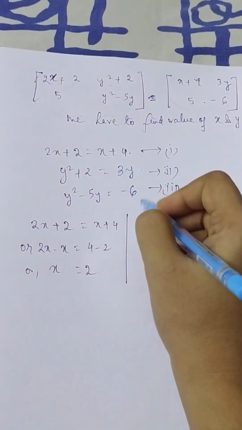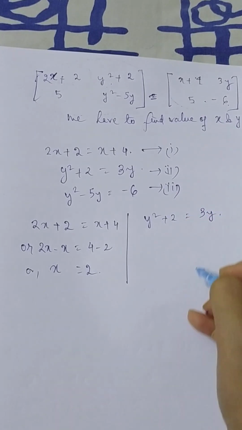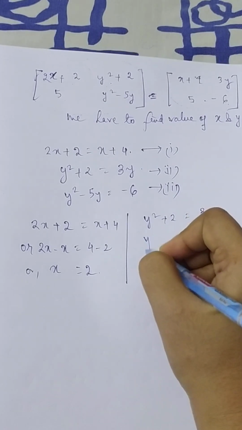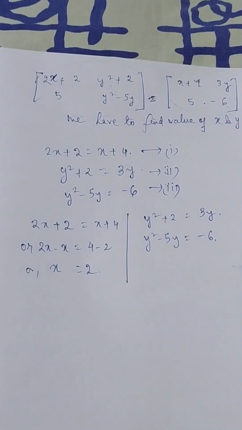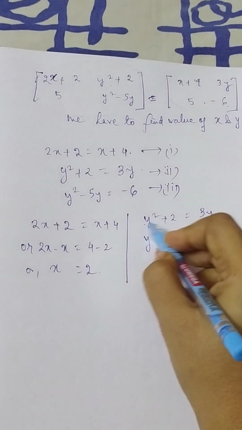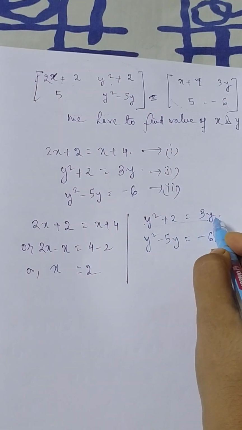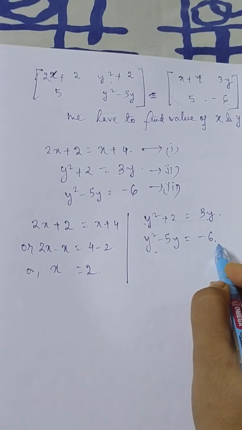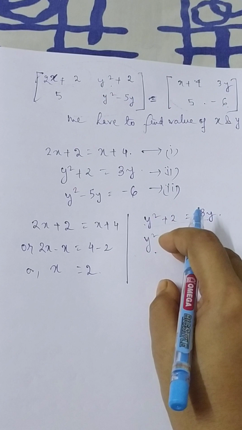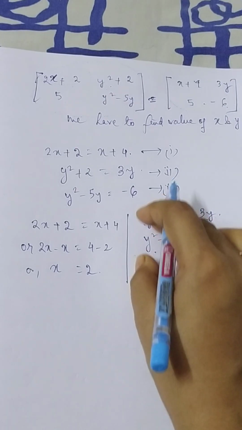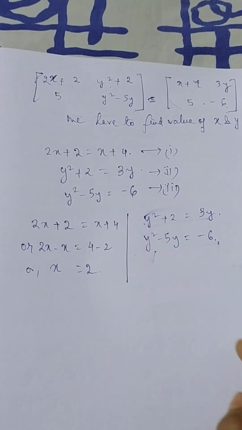Now look at the two equations. Y square plus 2 equals 3y. Another is y square minus 5y equals minus 6. In the first equation variables are on both sides, and in this case variables are on a single side. So to compare these two and find the value of y, I have to make them similar.